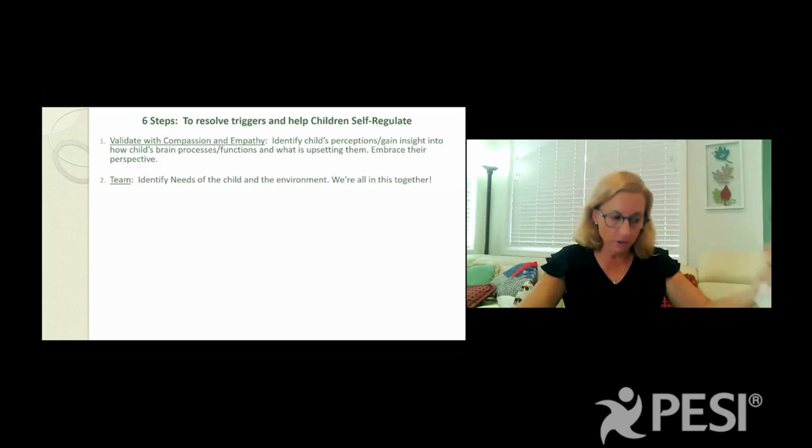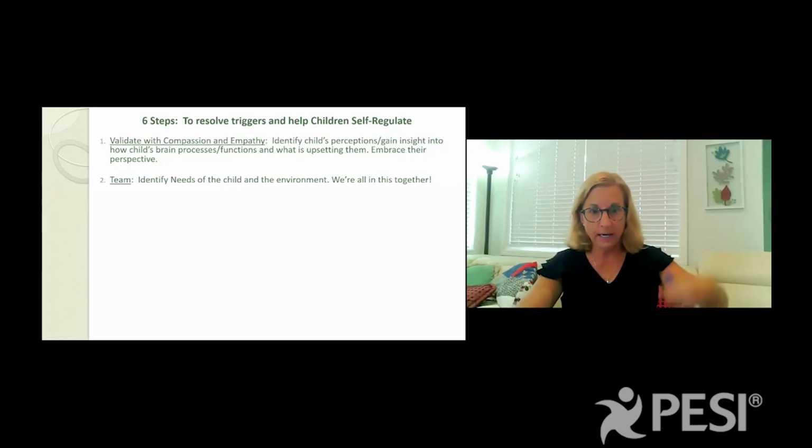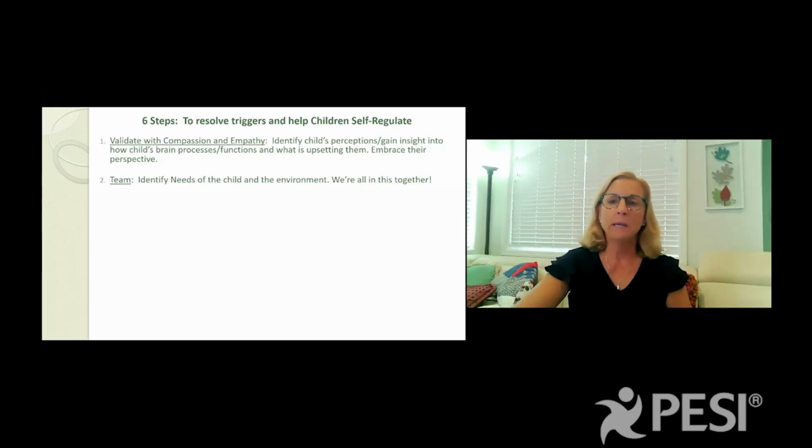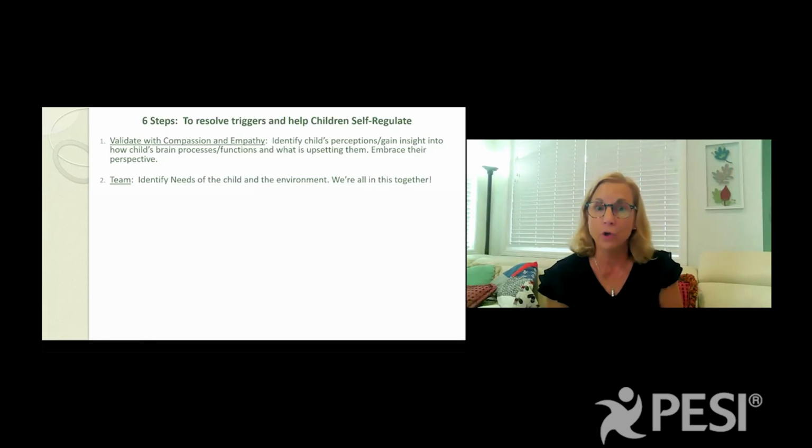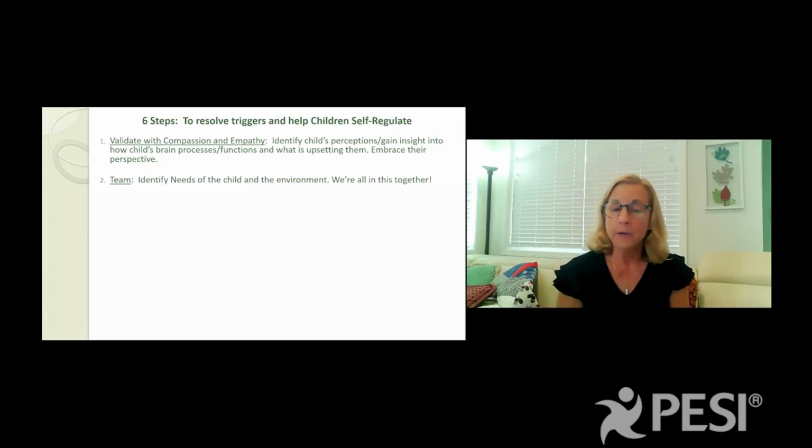It means you are saying this, and I hear you saying this is upsetting, or whatever it might be. And you've got to do that until they believe you get it. So sometimes that's all you're doing for a while. But you'll know when they believe you get it because they'll start to calm and be less defensive.